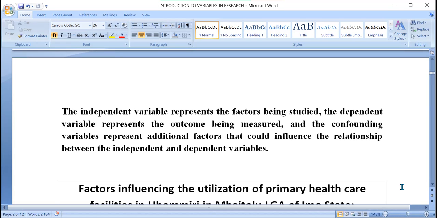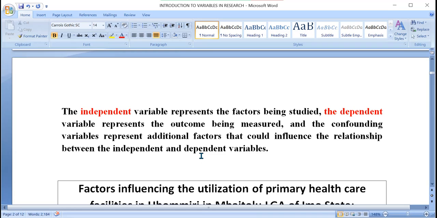So in a nutshell, independent variables represent the factors being studied, whereas the dependent variable represents the outcome being measured. What we mean by outcome being measured: when we started the example above using family planning, we said that we want to take the knowledge of somebody towards family planning.